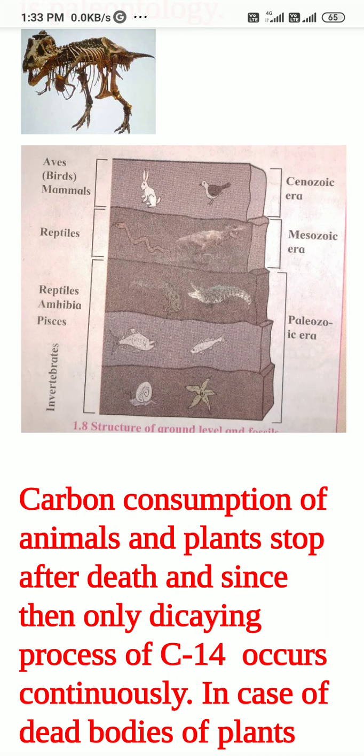How can we know the year of the starting of evolution, or when the first organism, vertebrate, and invertebrate were developed? This can be known by the process of carbon dating. So you must know about carbon dating.